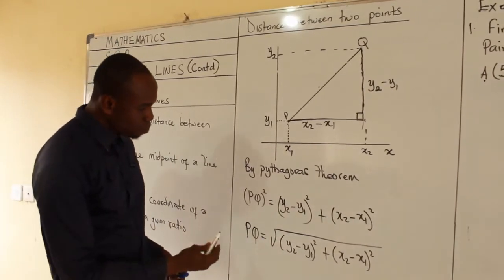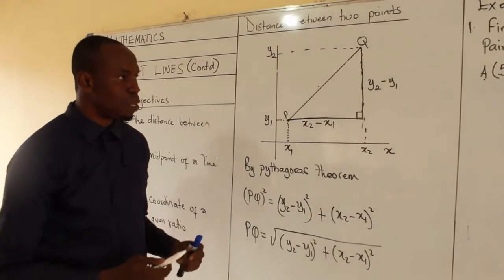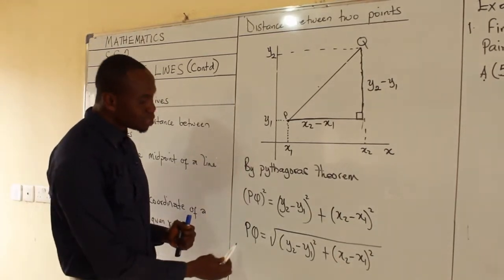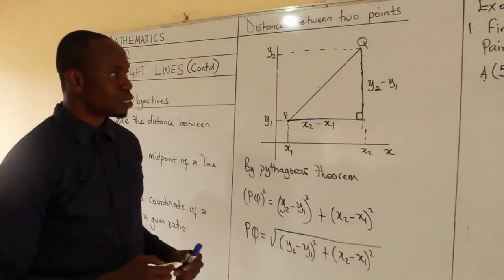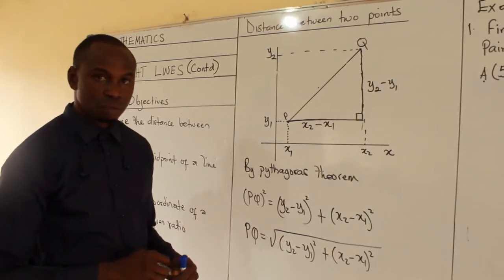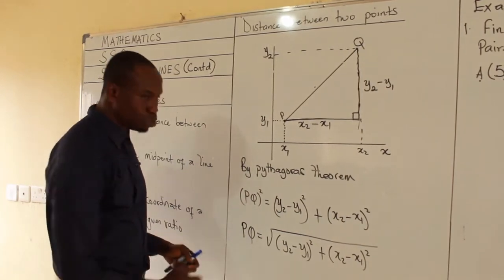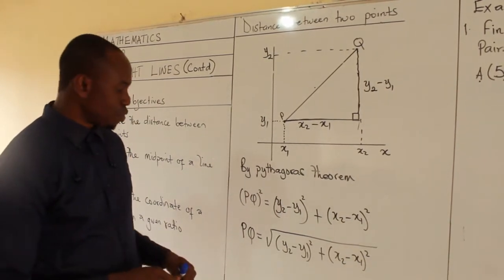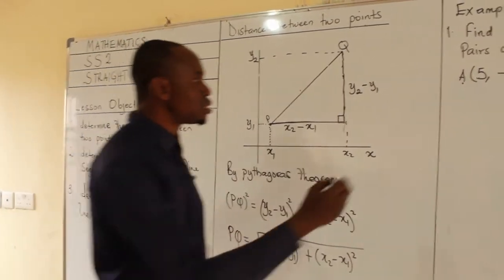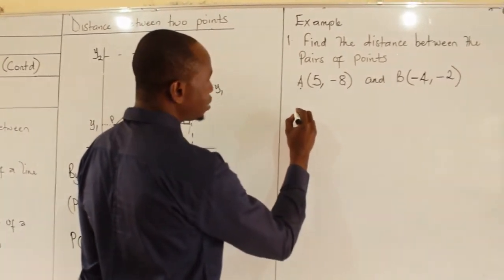So in place of PQ, we are going to write AB. So you use the letters of the points that are given to you. If letters are not given, just use the letter D to denote distance. But now that we have points A and B, we're going to find the distance.